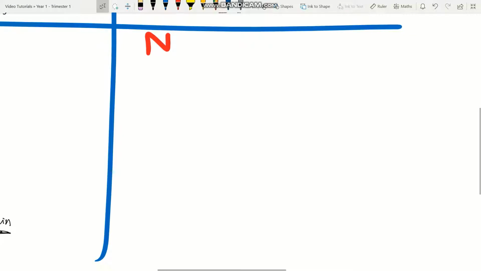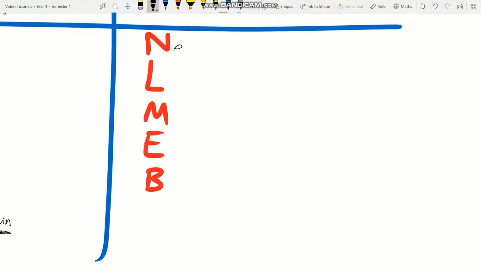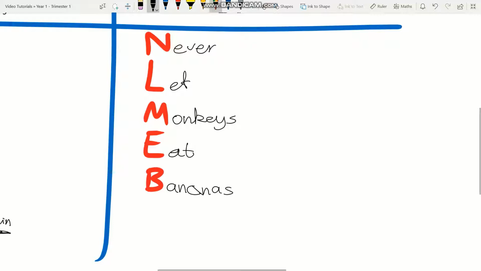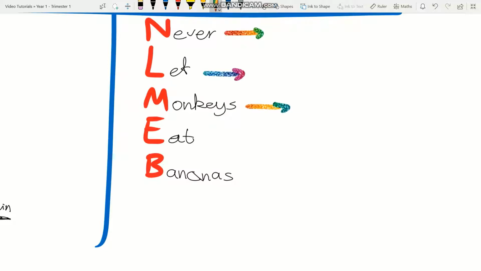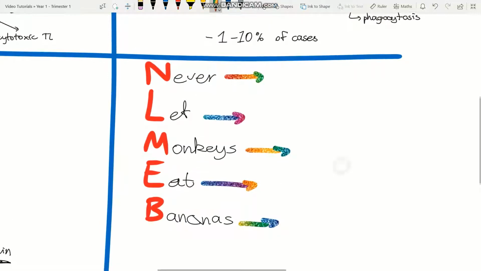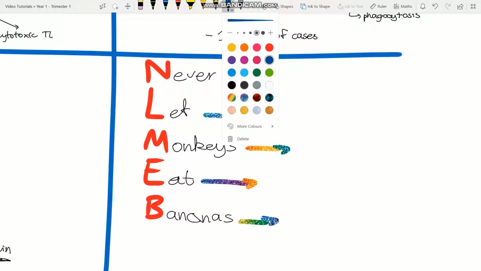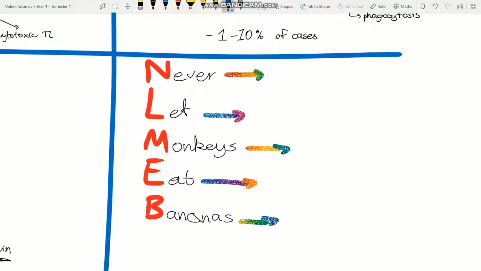So this mnemonic is NLMEB, and it actually stands for Never Let Monkeys Eat Bananas. Now, this N stands for neutrophils, the L stands for lymphocytes, the M stands for monocytes, E stands for eosinophils, and B stands for basophils.